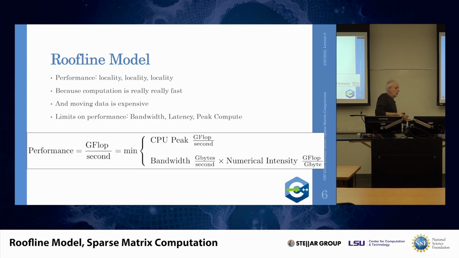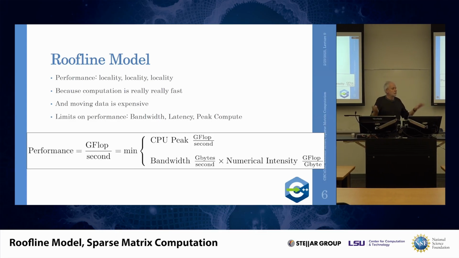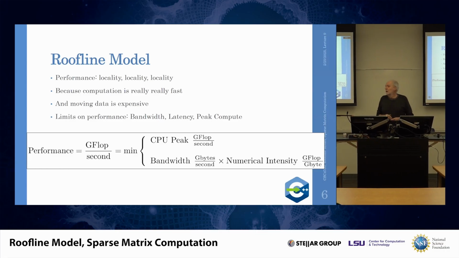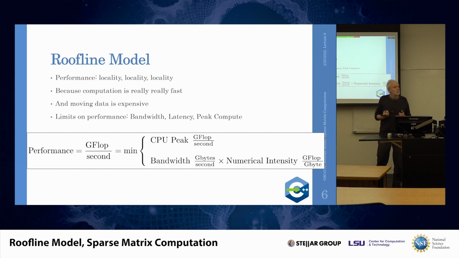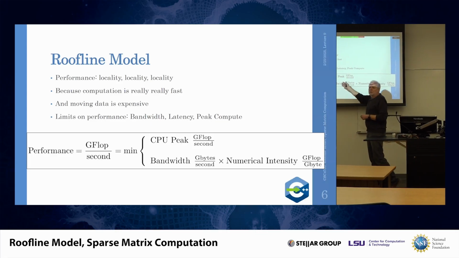If you are able to do a lot of floating point operations with just a very small amount of data, then most likely you will not reach the bandwidth limitation, right? Because you're reading only a very small amount of data and you can do all the computation you want on that small amount of data. So bandwidth is probably not the problem.